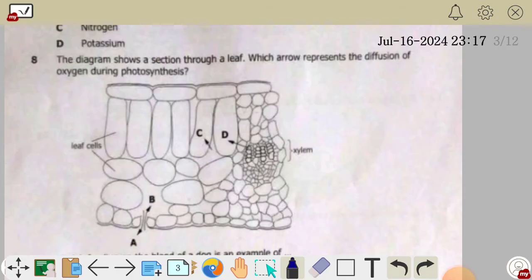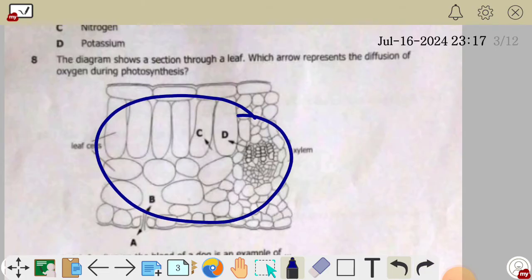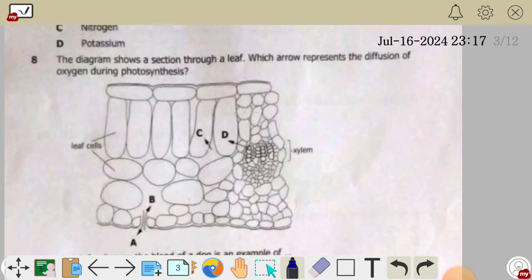Okay, so during photosynthesis, oxygen diffuses out of the leaf and carbon dioxide diffuses into the leaf through the stomata, through some pores under the leaf, which are called stomata. So here we have the opening there, which is called the stomata, and the cells which form these pores are called guard cells. So B is simply the diffusion of oxygen, and A is diffusion of carbon dioxide out of the leaf.